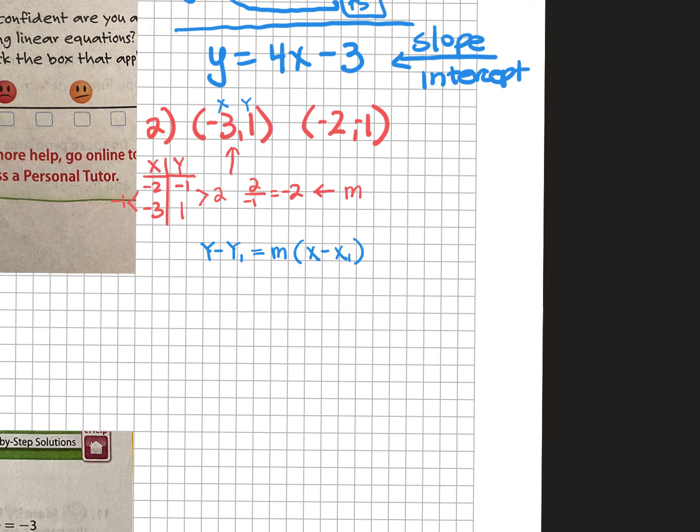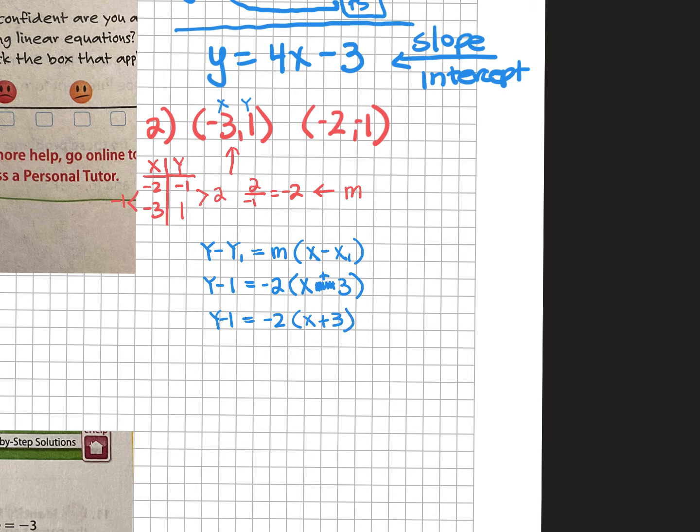We'll go y minus 1 equals, the slope is -2 times x minus the x. So we have x minus -3. But remember, when we subtract a negative, we have two negatives right next to each other. I can just go like this and say, nope, that's a positive. So x plus 3, actually. Okay, so I have y minus 1 equals -2 times x plus 3, because we subtracted a negative.